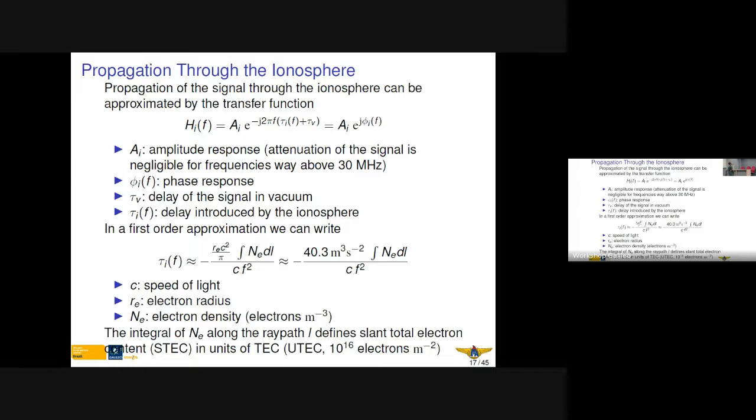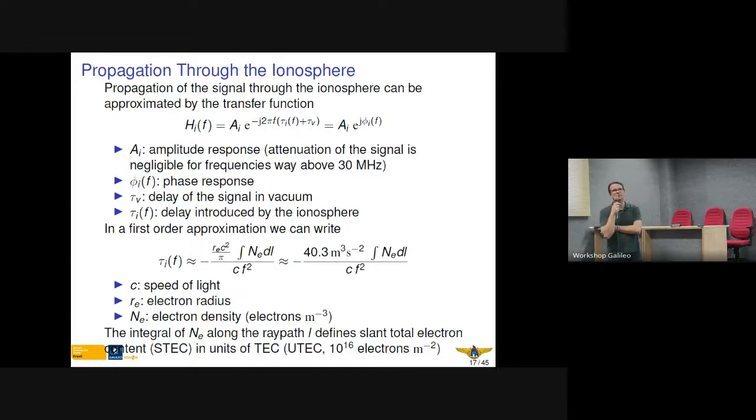And attenuation, so this A_i is an attenuation of the signal. However, the attenuation of the signal is negligible for frequencies way above 30 megahertz. So in our case, we are at 1.1 to 1.6 gigahertz. I think we are way above 30 megahertz, so the amplitude response in our case is not really important or prominent. So the amplitude A_i in our case is maybe 1.